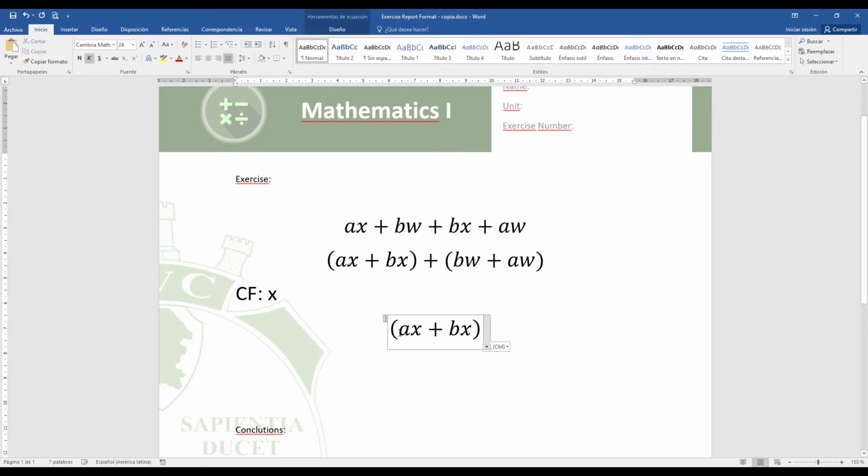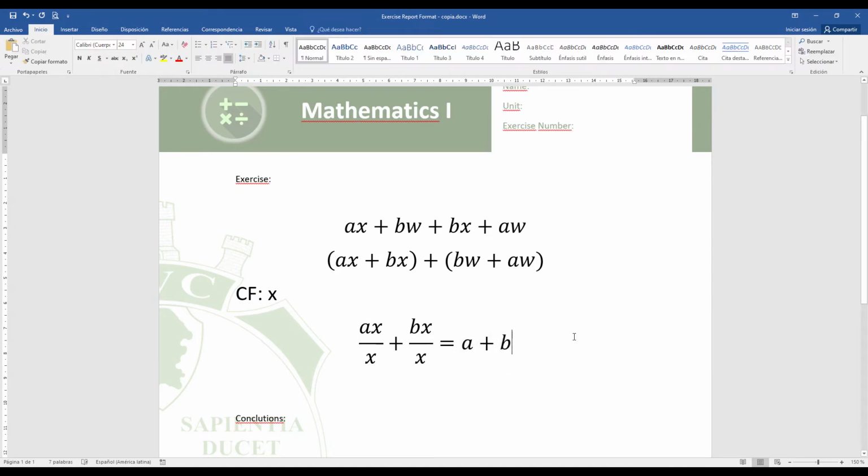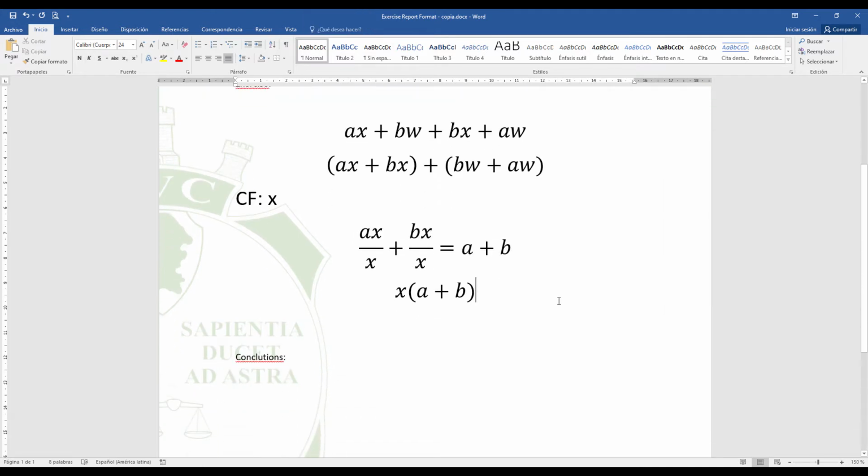So if you remember, you need to divide. So the result is a plus b. And the factoring for that group will be x that multiplies the result of the division.